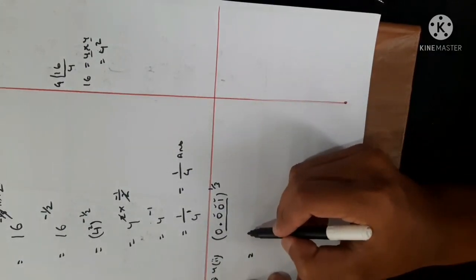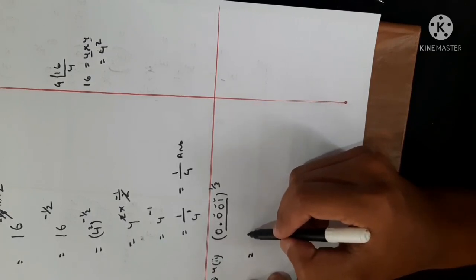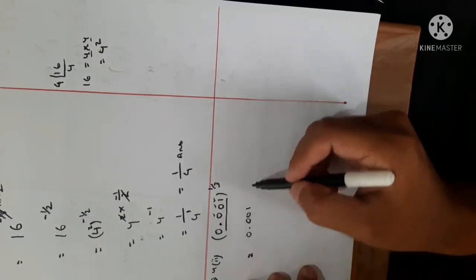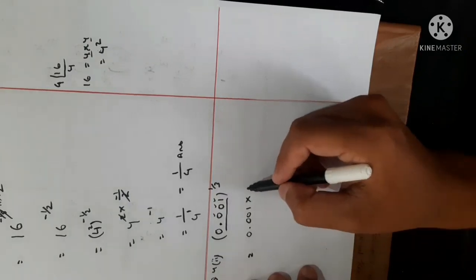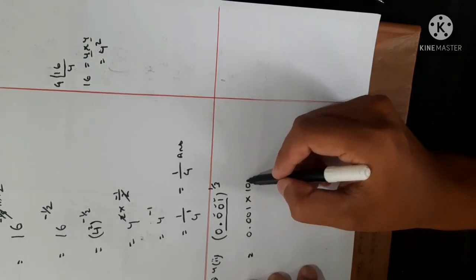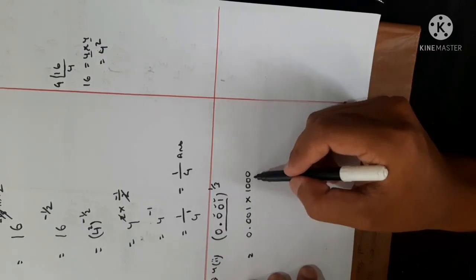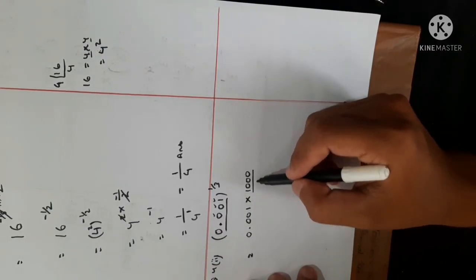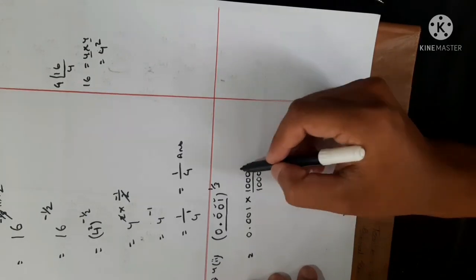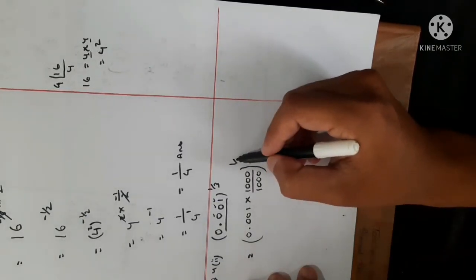So we write 0.001, we have to multiply by 1000, because 1000 has 3 zeros, and because we have multiplied by 1000, we have to divide by 1000 in order to balance them.